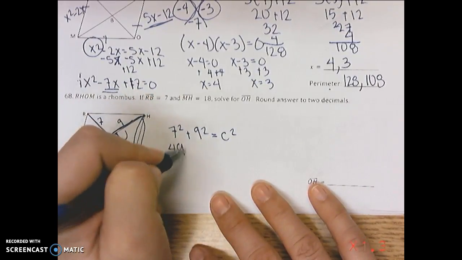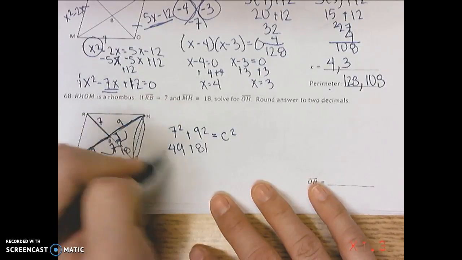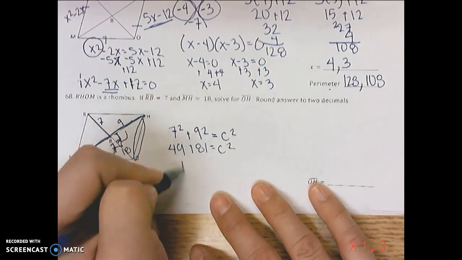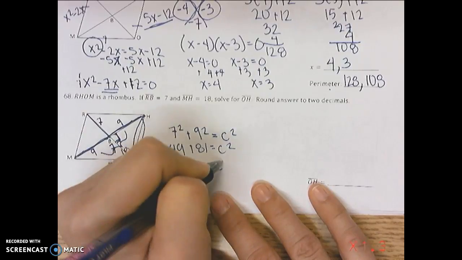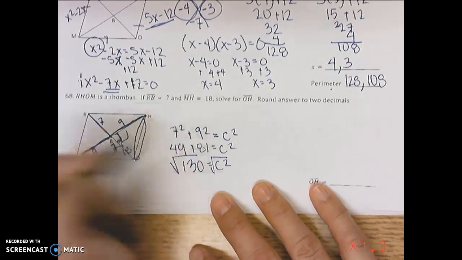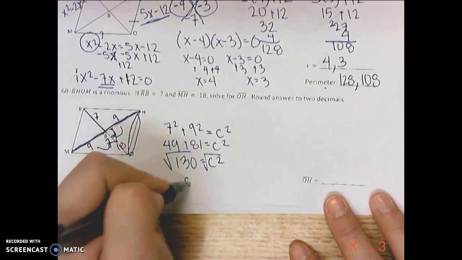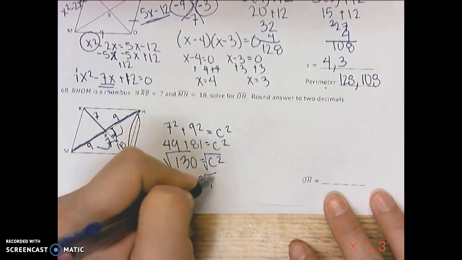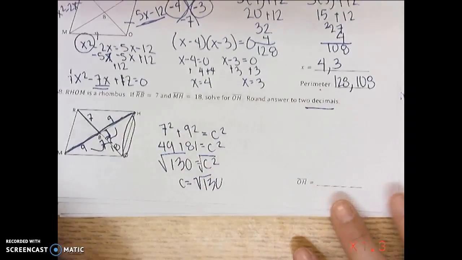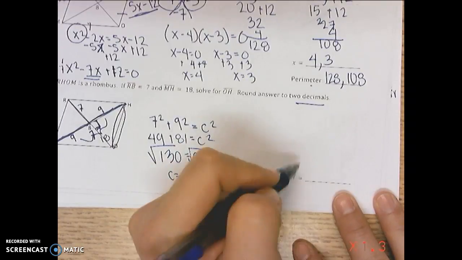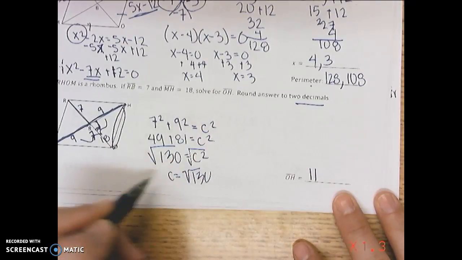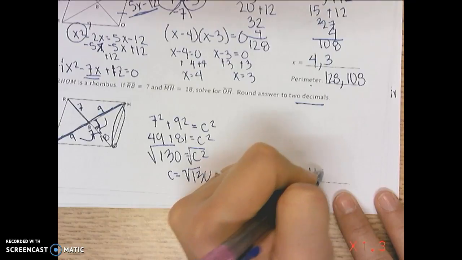So 49 plus 81 equals c squared. 130 equals c squared. Take the square root of both sides. C equals rad 130, but it says answer to 2 decimals. So I would say OH, which is technically C, equals 11.4.